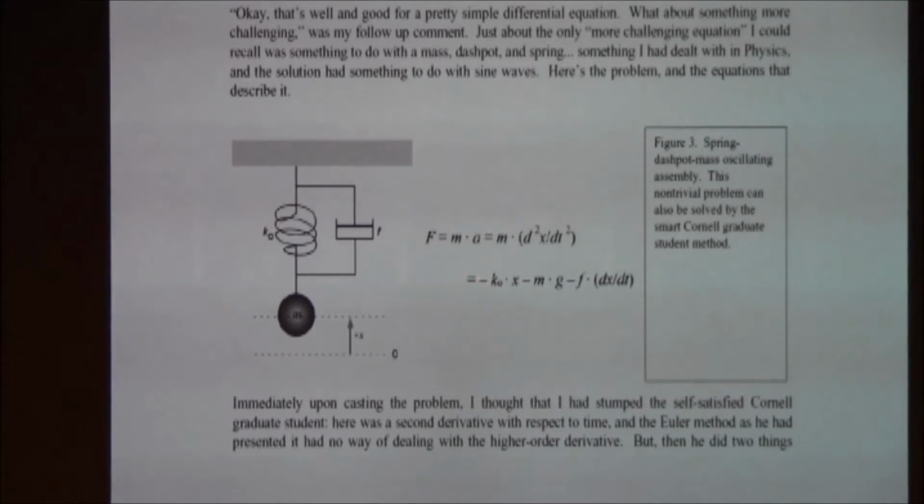And so what is that force? Defined in this way, it would be that of the spring, minus the spring constant k times x, minus the gravitational force, minus mg, and then the dashpot, minus f dx/dt.